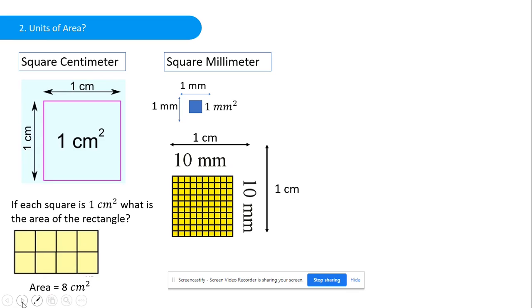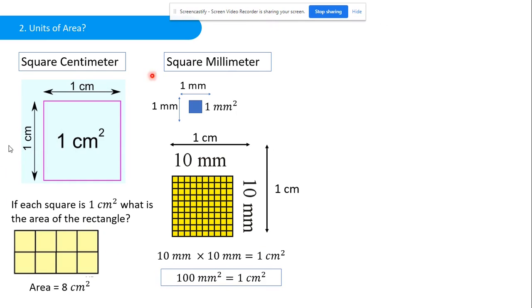And when we do that, we find that in a 1 centimetre by 1 centimetre square, there are 100 of these 1 millimetre square blocks, which means that 100 millimetres squared is the same as 1 centimetre squared. Okay? So this is different to our normal lengths.